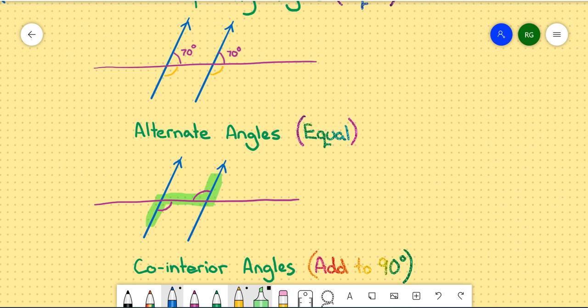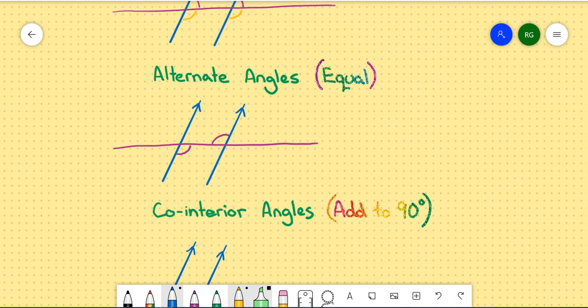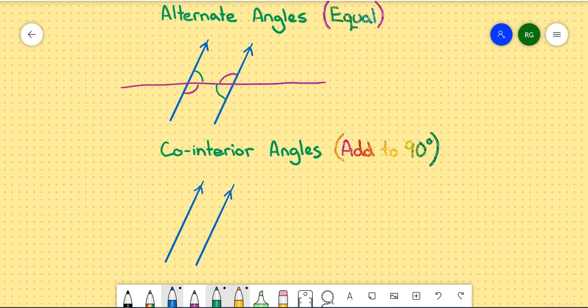Likewise, up here we make sort of an F shape. It's totally up to you. I've just seen those ways of remembering. But an alternate angle like this one and this one are alternate angles. So the color coordination ones. So alternate angles are also equal. So make sure you record that.